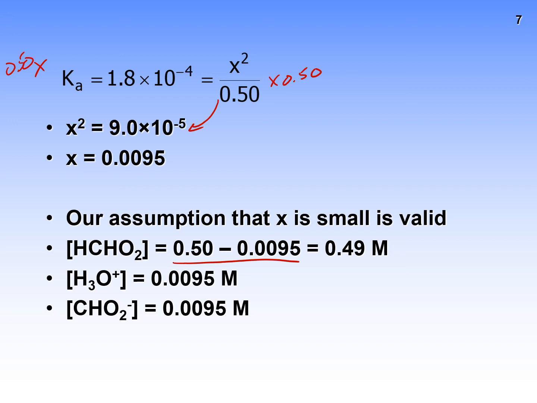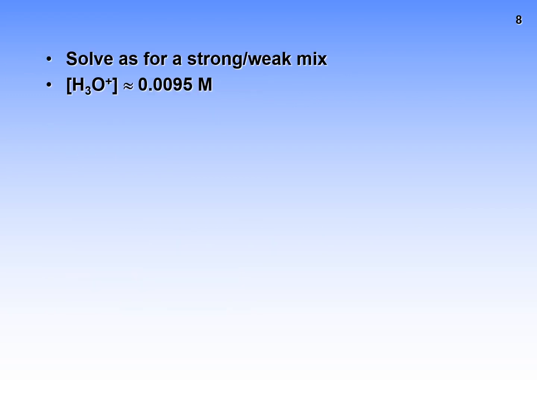Because we want the concentration of everything present in the solution, we need to figure out what the concentration of hypochlorous acid is after the equilibrium is established, and hypochlorite, what its concentration is. So we now solve this as though it was that original one that we did a little while ago, the strong-weak mixture.